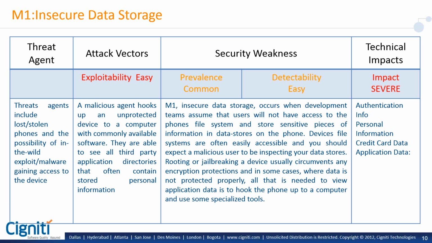But typically when you do rooting or jailbreaking of a particular device, that causes the problem, where the application data can be hooked up to a laptop or a phone, and we can get information from it.